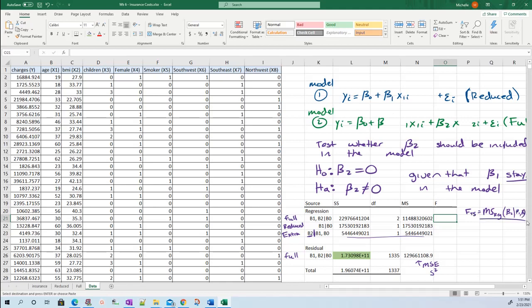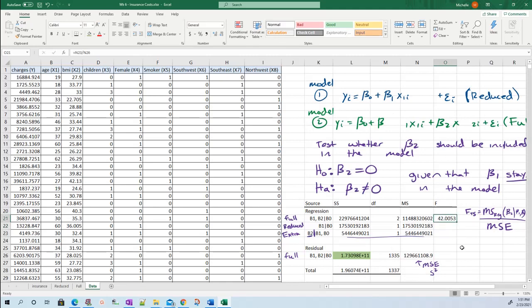Divided by your mean squared error. You always divide your F statistics by your mean squared error. So it's the extra mean squared regression divided by the mean squared error. So it equals this guy divided by this guy. All right, press enter, and there we go.